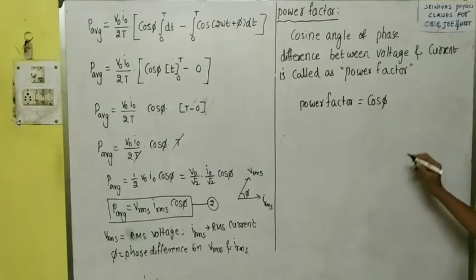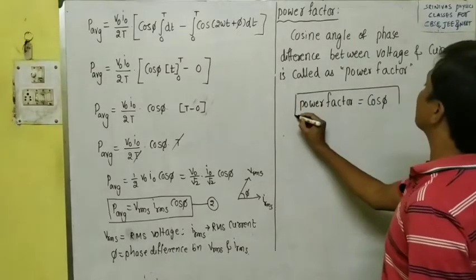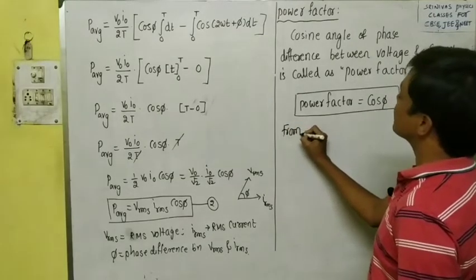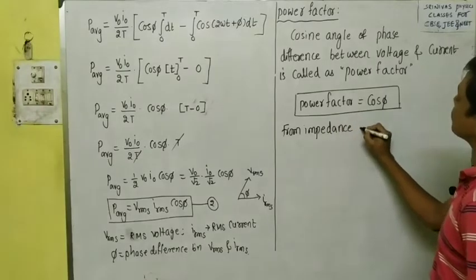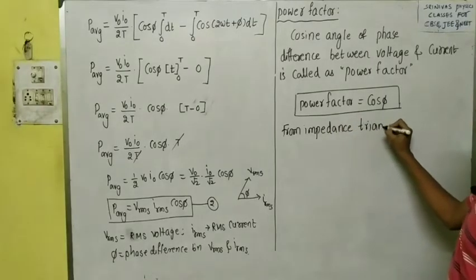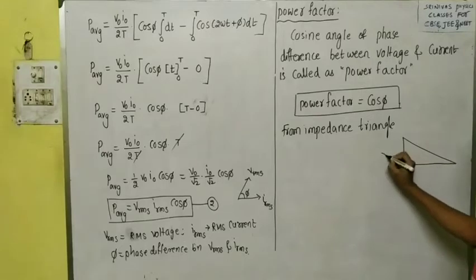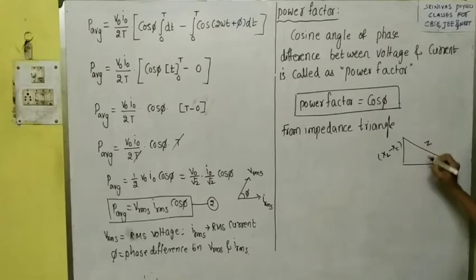Okay, and from the impedance triangle, power factor is equal to cos phi. What is the impedance triangle? Do you know it in the LCR circuit? From the impedance triangle we write the cos phi formula, right? For example, this is XL minus XC, this is Z, this is R, and this is phi.